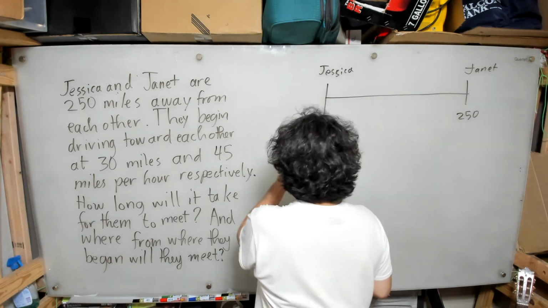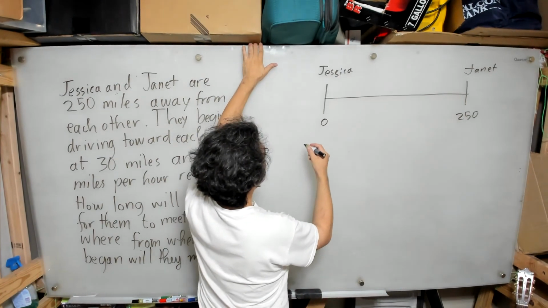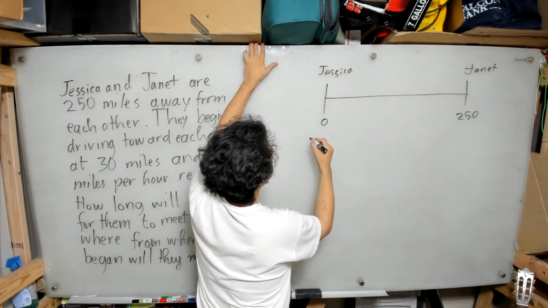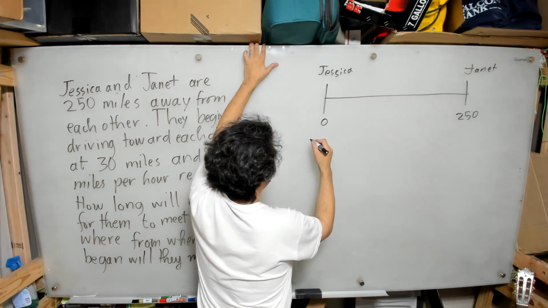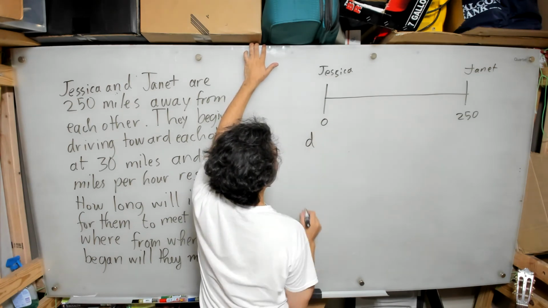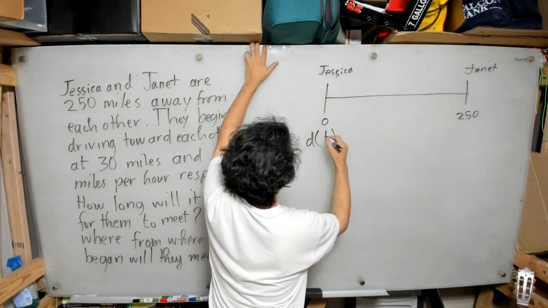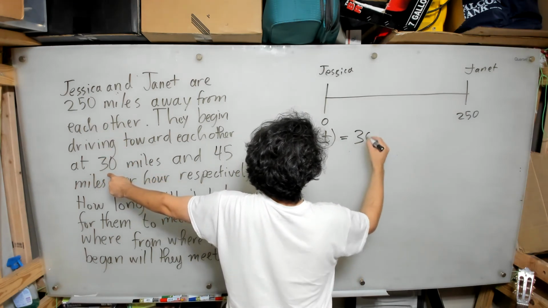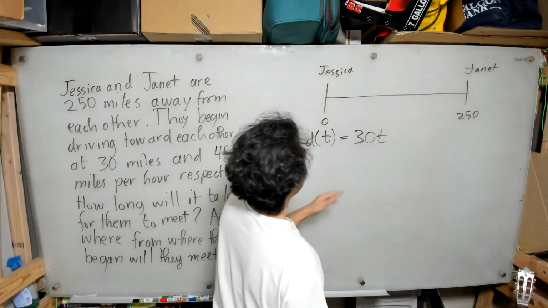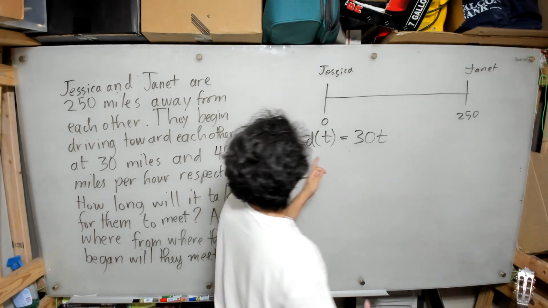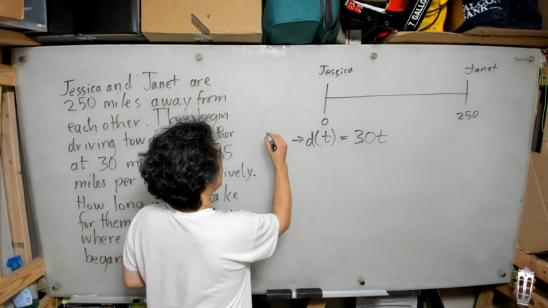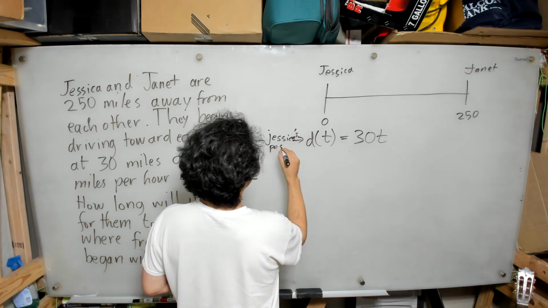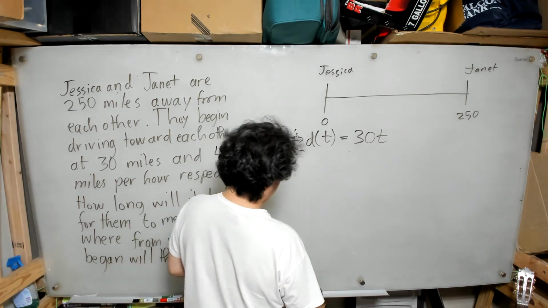So let's call D Jessica's distance. D in terms of time in hours is going to be 30T. Let me explain why. This is going to be Jessica's distance or Jessica's position. Let me write that a little bit nicer.